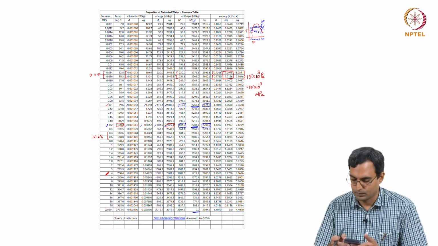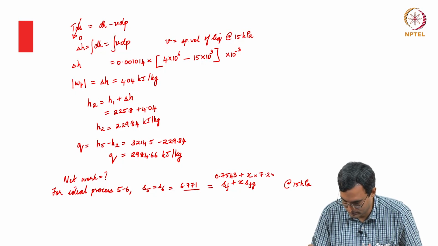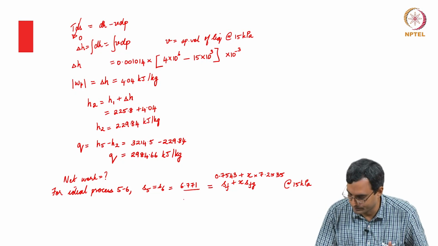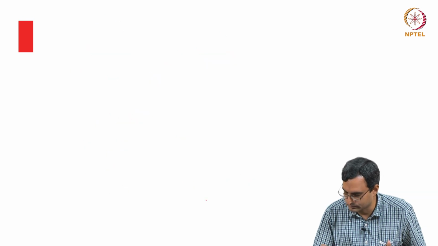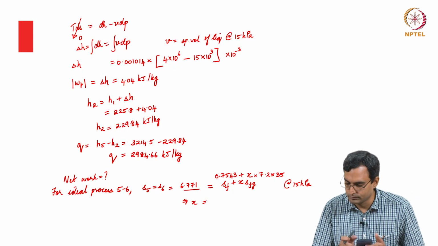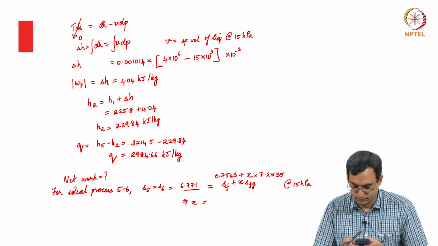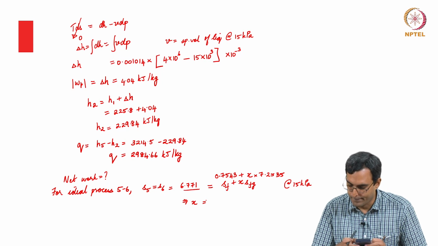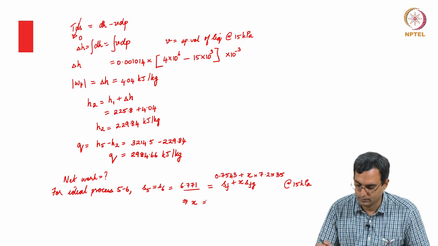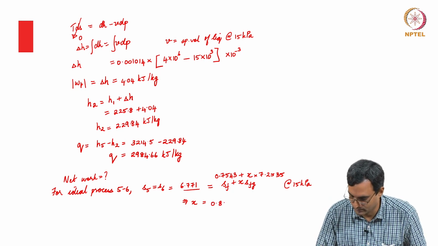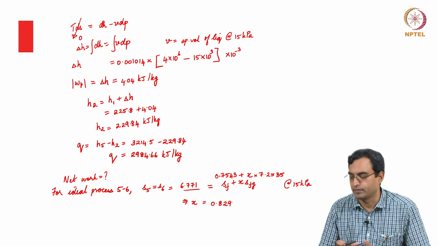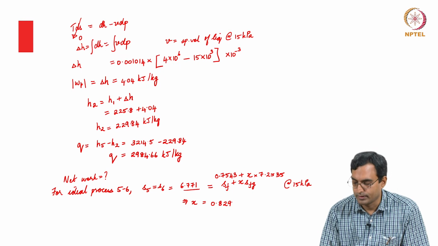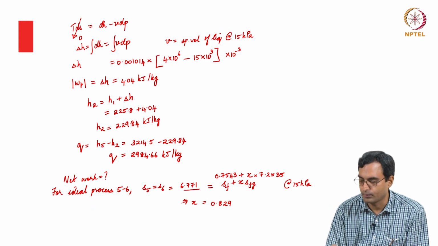SFG is the average of these two. Which gives me a quality of this. Knowing this quality, I can find out what would be the enthalpy at 0.6.